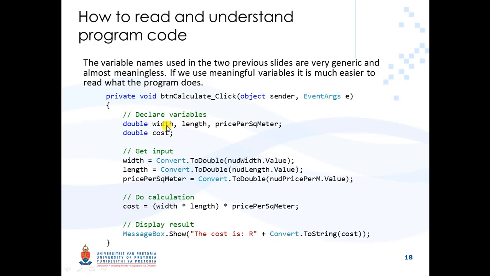So if we multiply width by length, as we do here in the calculation, we will get the square meters, and then multiplying by the price, we will have the cost. So what we illustrate here is how important it is to use meaningful names for your variables and controls, so that when you look at the program, it's easy to see what it does.